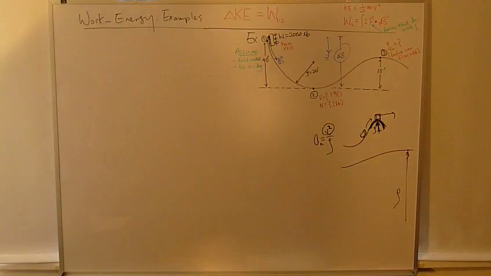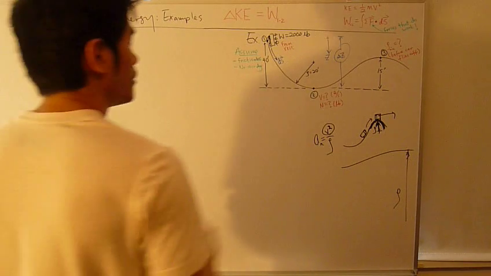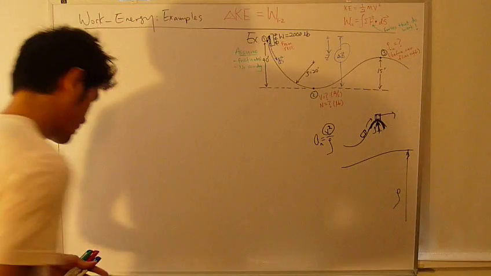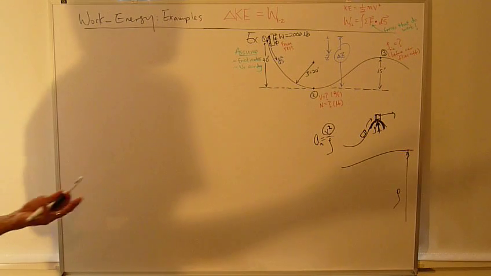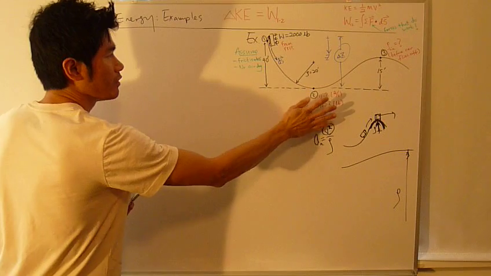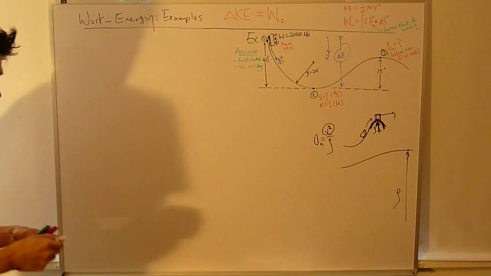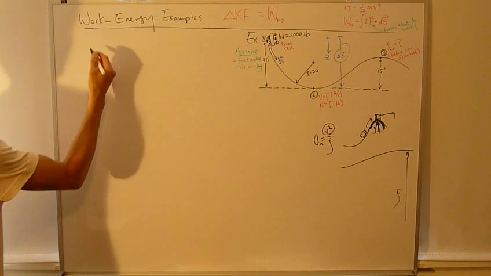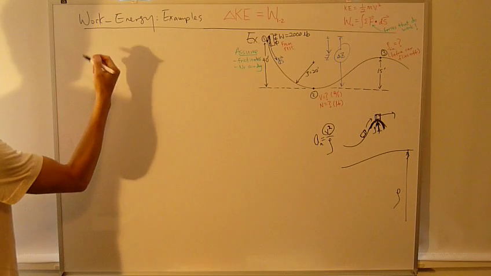How do you find v3? Well, velocity is involved here, just like the first part of the problem. The work-energy method could be most useful, so let's apply that.